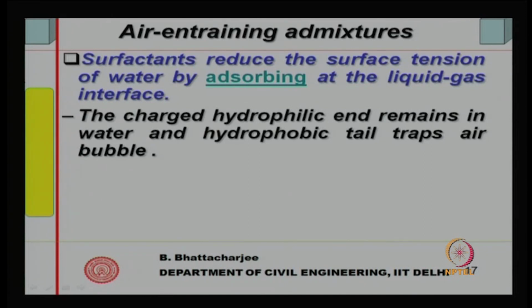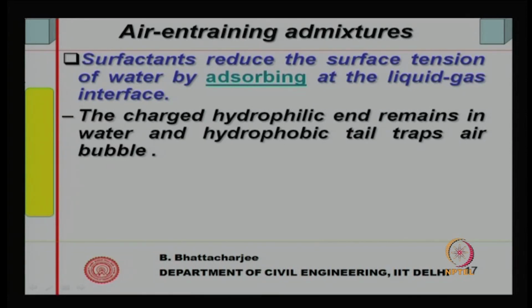So, at the air water interface they would be there. On the water side, the charged part remains in contact with water, and the hydrophobic tail traps the air bubble.